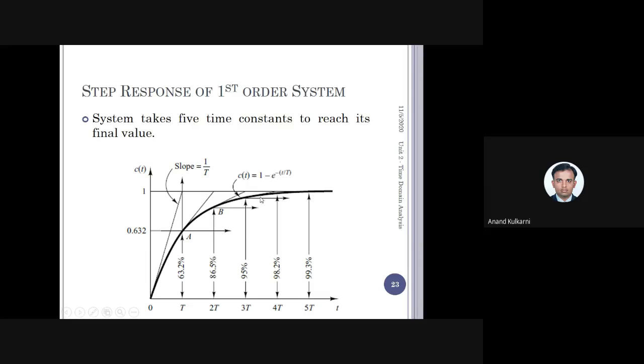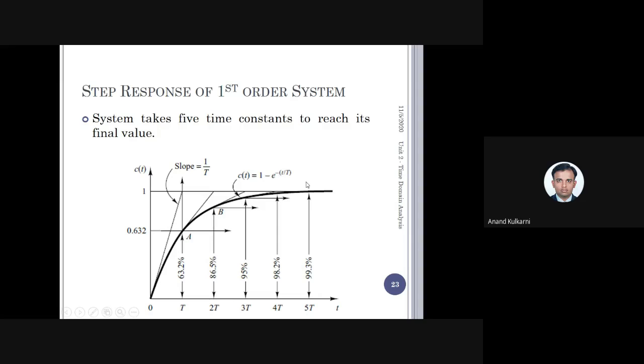See here in general, if the input is 1 unit, the output at t equal to the time constant of the system is 63.2%. At 2 times the time constant, it will reach 86.5%. At 3 times the time constant, 95%. At 4 times the time constant, 98%.